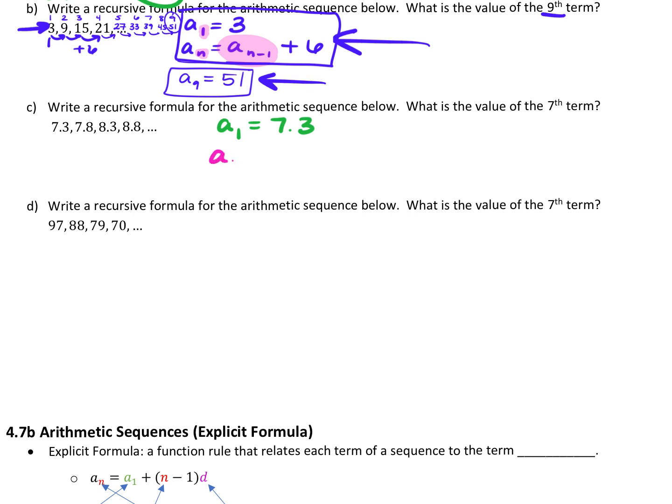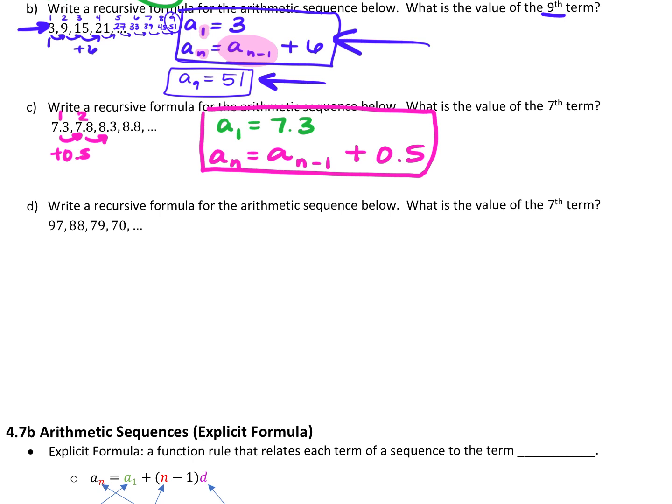Then you say a sub n equals a what? Sub n minus 1. The previous term, the term before it. Plus 0.5. And then you are adding 0.5 each time. So plus 0.5. Okay, so this is the recursive formula.